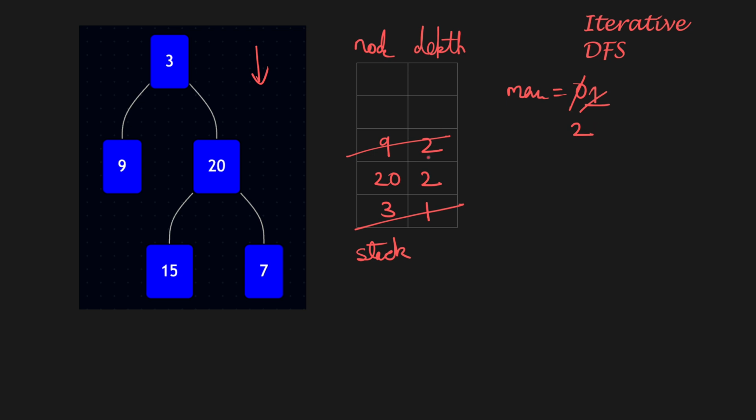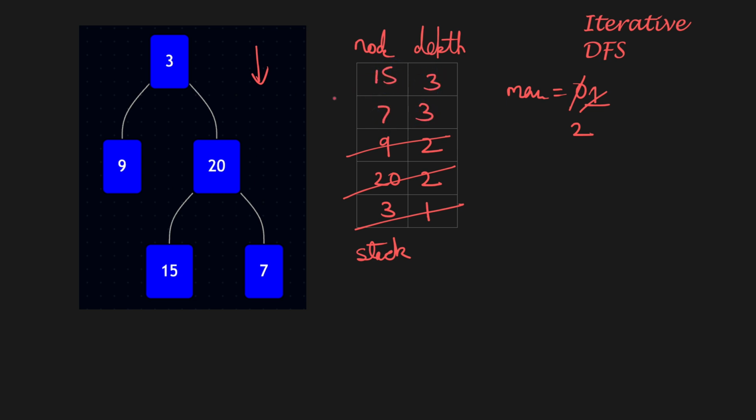Since node 9 has no children, we don't push anything new and continue to the next iteration, where we pop out element 20 with a depth equal to 2. So the maximum depth stays 2. And then we push its children onto the stack, which are 7 and 15 with depth 3.